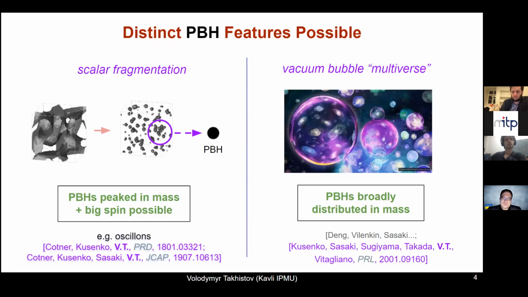Another interesting class of models could be the models associated with vacuum bubble multiverse, motivated by multi-field inflation models, and these models will generically produce primordial black holes with broadly distributed mass. And this just illustrates that there's a variety of distinct interesting possibilities in primordial black hole features that are feasible depending on the formation model that you consider.